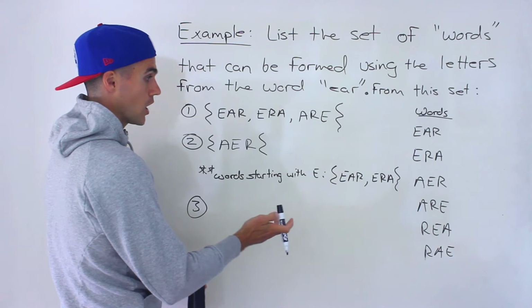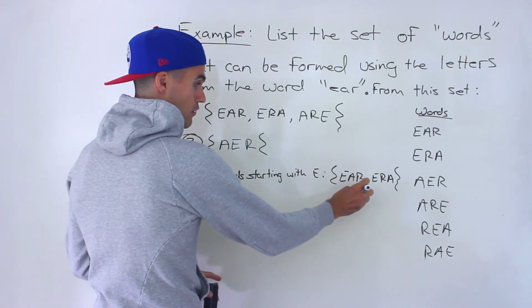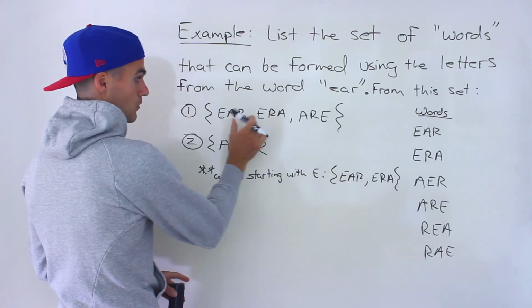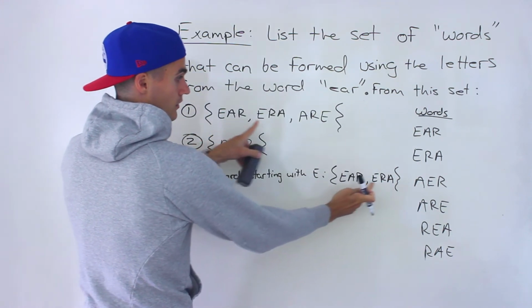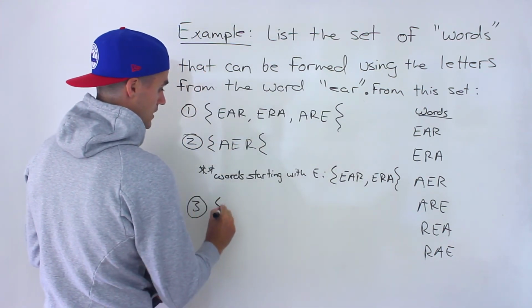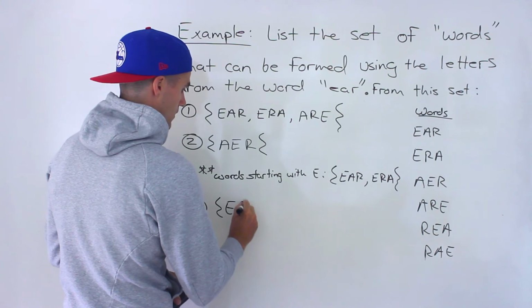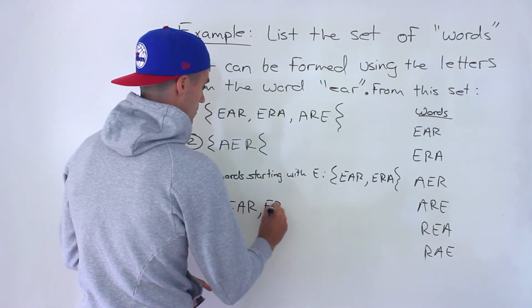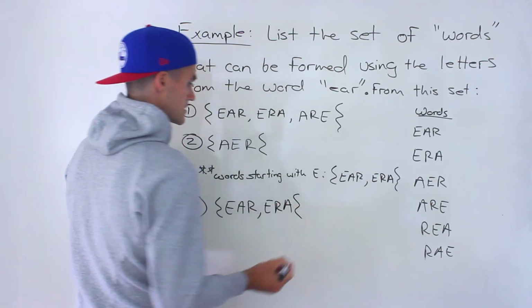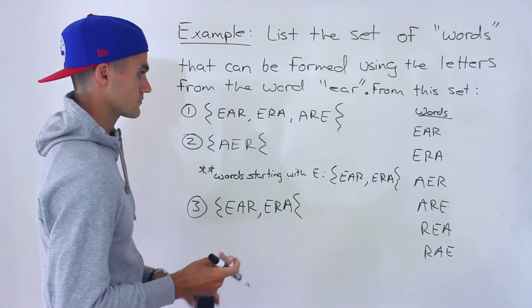So what are the common elements between this subset and this subset? Well, notice it's ear and era. So that's what the answer would be for number 3. That's the subset right there.